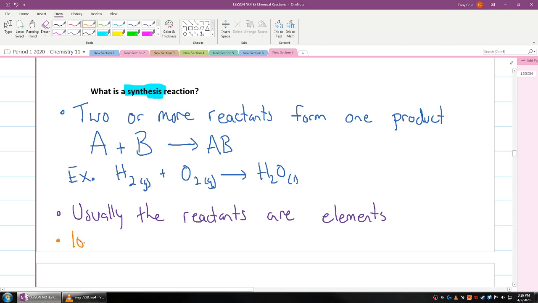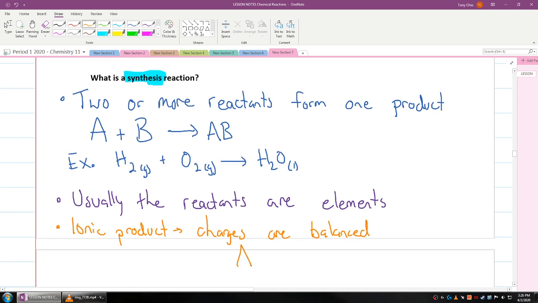Now, if it's an ionic product, such as, for example, A is a metal, B is a nonmetal, you still have to make sure your charges are balanced. And what this means is if you have aluminum plus chlorine, aluminum has a +3 charge, chlorine has a -1 charge, you're going to need 3 chlorines to form this, and thus it becomes AlCl3.